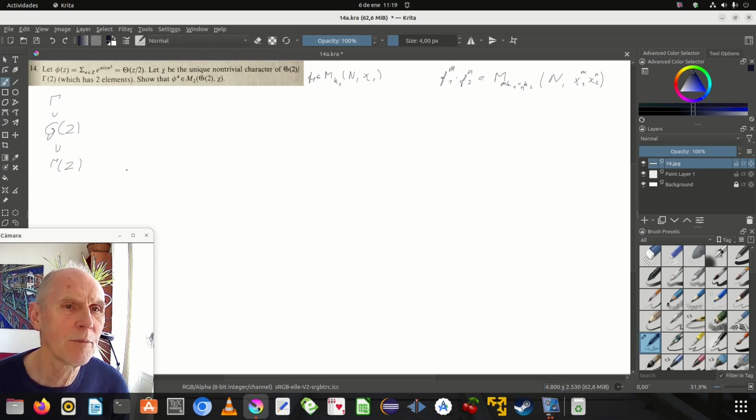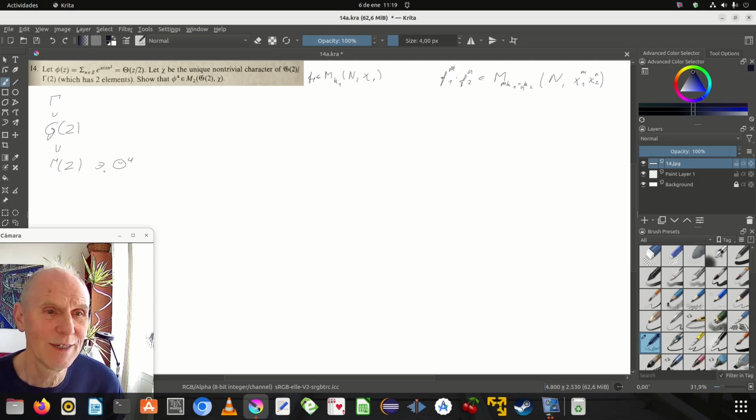And I think it says that theta to the fourth lies in this group. Not that, that was not right, but you know what I mean, in M of theta to the fourth, and that's M2.